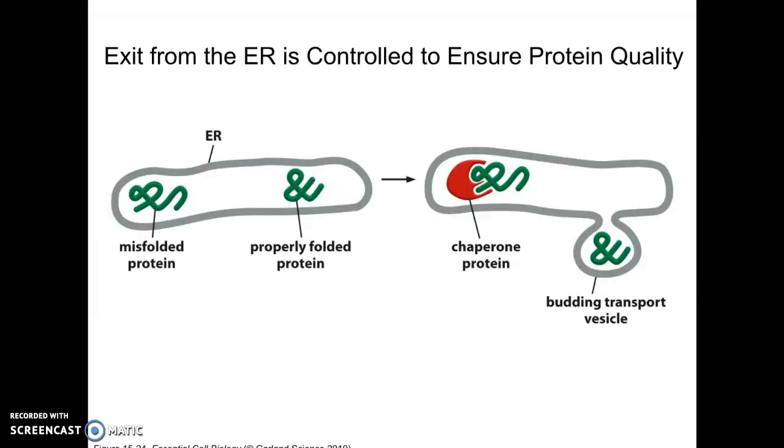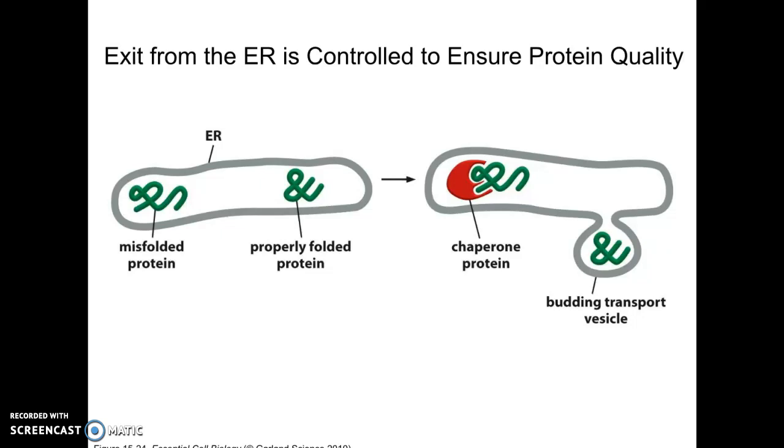So the default pathway is to bud off proteins into vesicles, sort them in the Golgi into where they are headed, whether they're going to the lysosome or a peroxisome or wherever they're going, the cell membrane or exocytosis from the cell. It's going to depend on whether the protein is correctly folded or not.